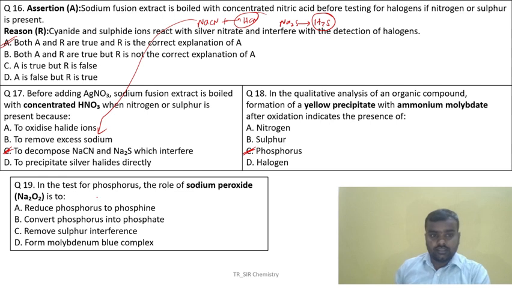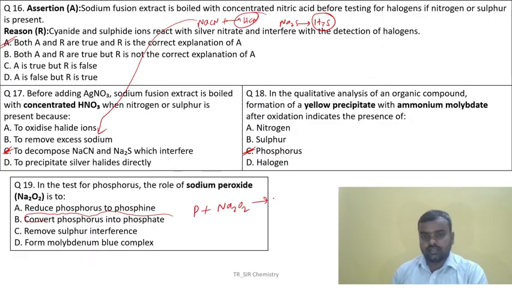19th question. In the test for phosphorus, the role of sodium peroxide is oxidizing only, right? To oxidize phosphorus to phosphate. The equation will be like this: with peroxide, Na3PO4 is forming.